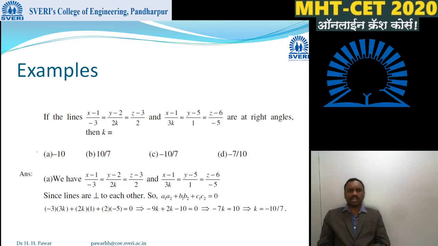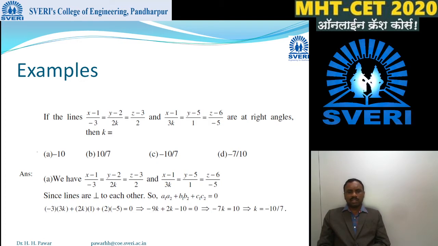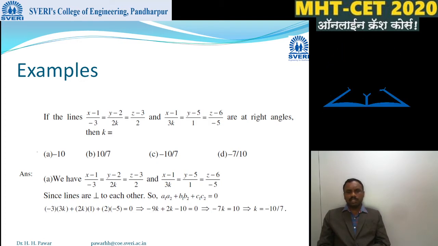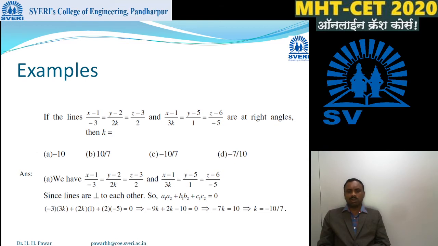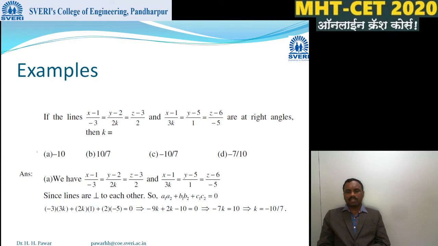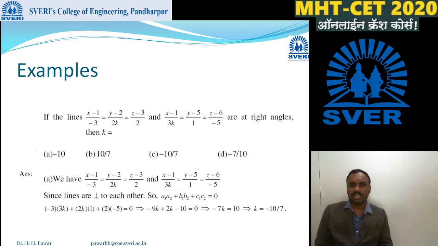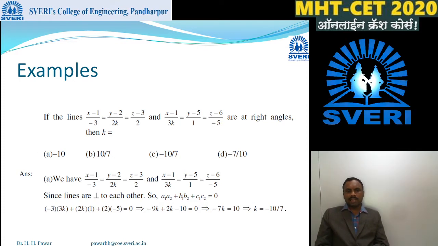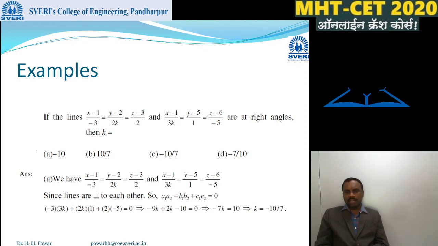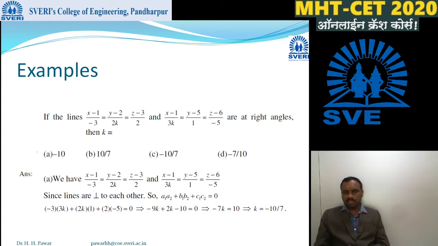Putting the values of the direction ratios, that is minus 3 into 3k plus 2k into 1 plus 2 into minus 5 equal to 0, which gives us minus 9k plus 2k minus 10 equal to 0. That is minus 7k equal to 10, which implies k is equal to minus 10 by 7. So option C is the correct choice for this question.